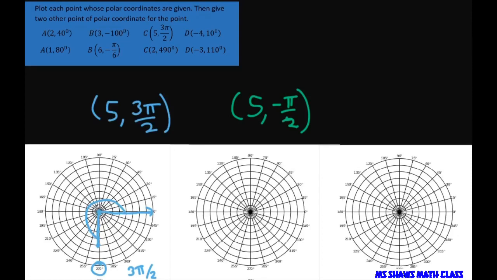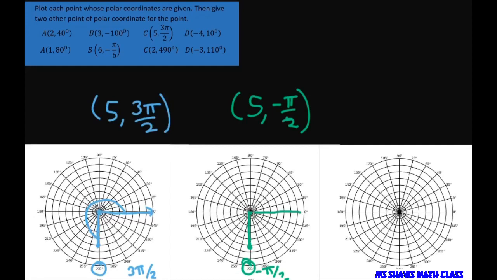So if you're subtracting 2 pi instead of adding, you could add 2 pi. That means you go negative 2 pi. So there's your pole going negative 2 pi. You're still at 3 pi over 2. So this is negative pi divided by 2. And go down 5. 1, 2, 3, 4, 5. So it's the same place.